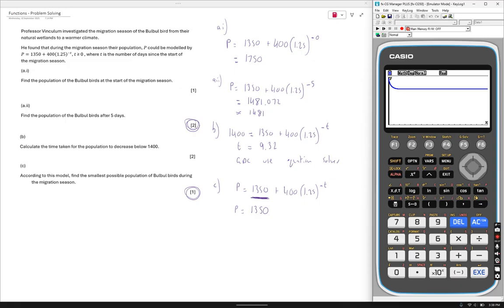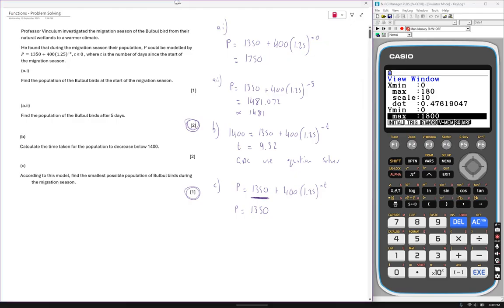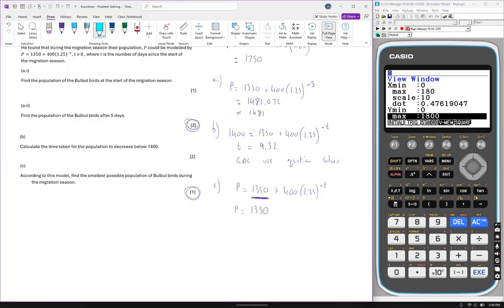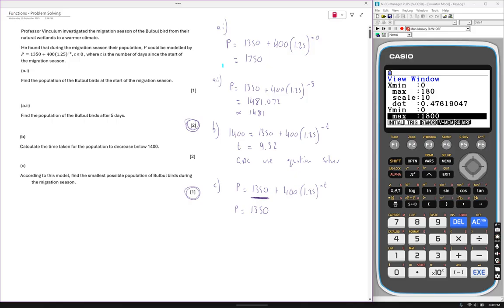So you just press that view window at the top. The y values first. I'm going from 0 to 1800. Why am I doing 1800? Because if you remember back in the first question, we had a maximum value of 1750. So I've just chosen 1800 to give me something good to look at, basically.